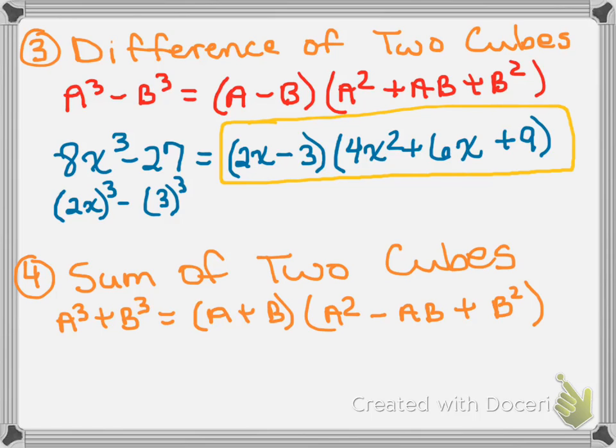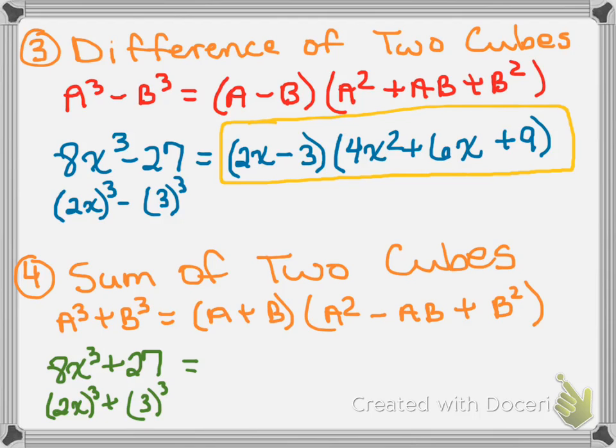Okay. We could take that very same 8x cubed and the 27, but instead of having a minus sign, let's put a plus sign between them and look at what it would look like. If the problem had been 8x cubed plus 27, the a term would still be 2x, the b term would still be 3.